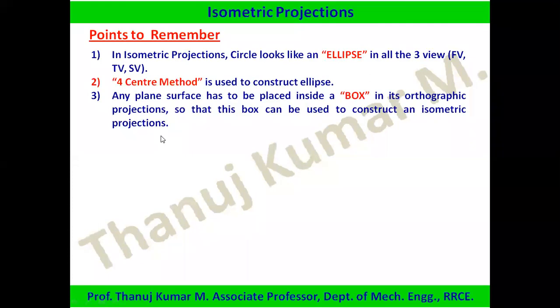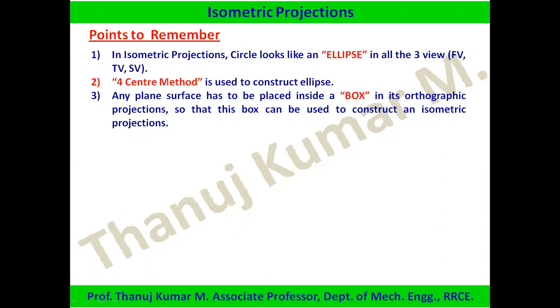If you are talking about a pentagon or a hexagon or a square or a rectangle or a circle or any shapes that matter, the shape of the object, when you're drawing it in the orthographic view, either the front view or the top view, that particular object has to be put in a box.